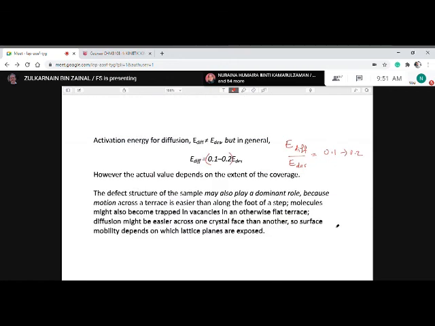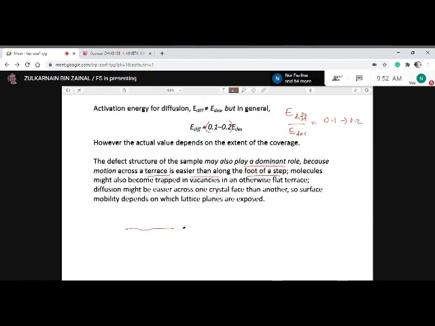Right, so the defect structures of the sample may also play a dominant role, because motion across a terrace is easier than along a footstep, right? If you have a flat surface, it's even easier compared to a surface which is not smooth.